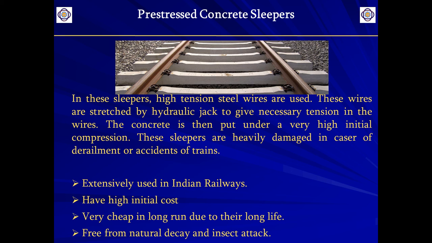Then the concrete is poured under compression and cured for some time, and the sleeper is ready for use. These sleepers are heavily damaged in case of derailment or accident of rails. If such an incident occurs, the damage to the sleepers is found to be very heavy. Indian Railways is extensively using these sleepers.